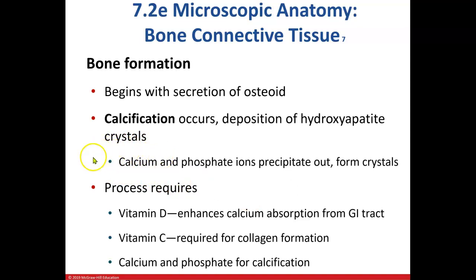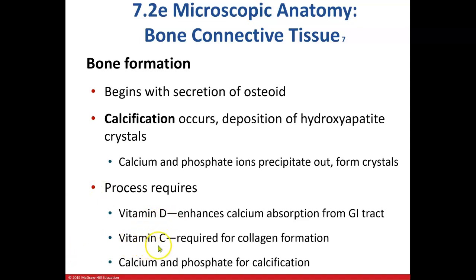This process requires vitamin D. Vitamin D is going to help your gut, your gastrointestinal tract, absorb the calcium that it needs. And this is why a lot of times milk is fortified with vitamin D, and it has calcium in it.